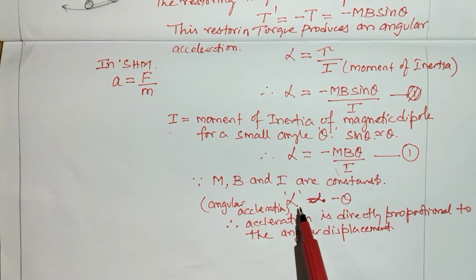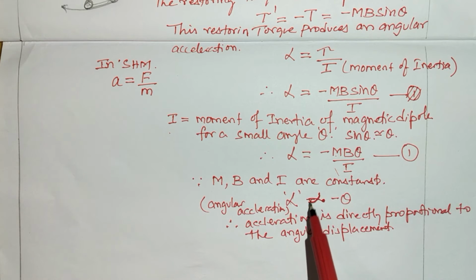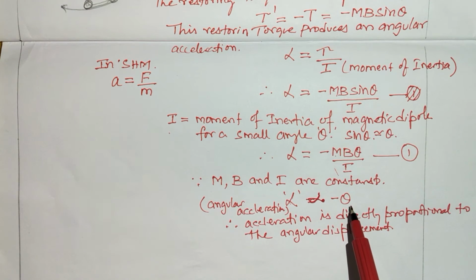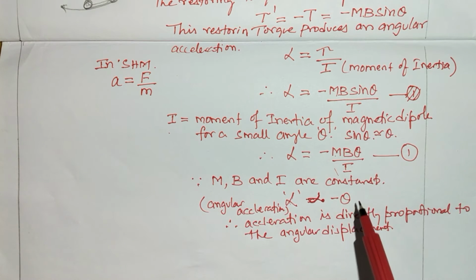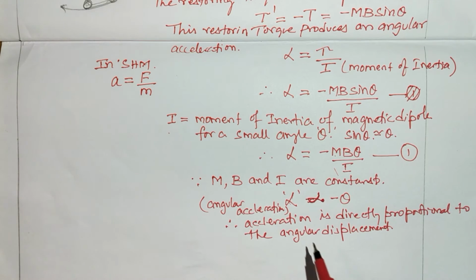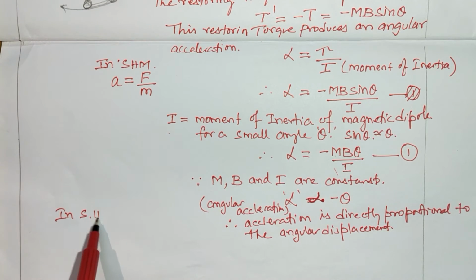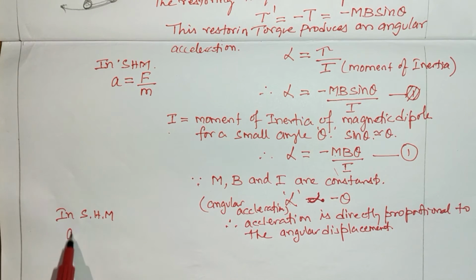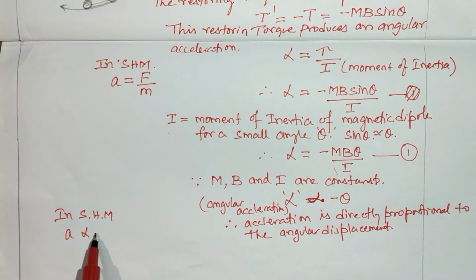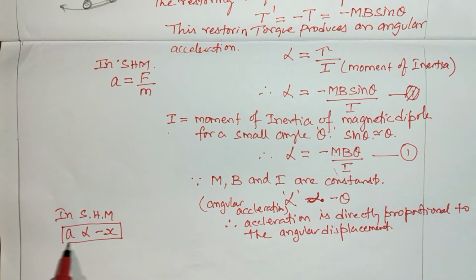Therefore, we notice that this angular acceleration is directly proportional to angular displacement. In simple harmonic motion also, we observed that if the acceleration is directly proportional to displacement, we say that the object is in what?